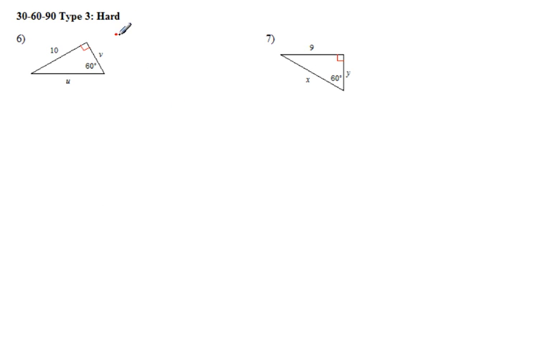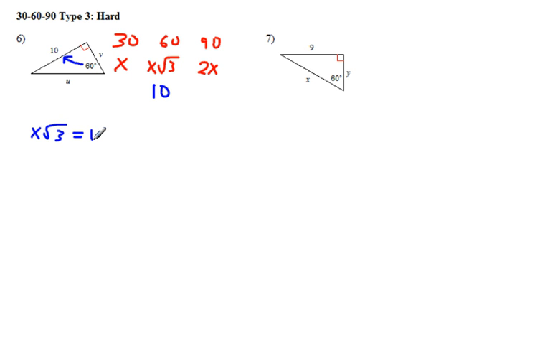The hard problem. 30, 60, 90, x, x root 3, and then 2x. Where does the 10 go? It goes opposite from the 60-degree angle, so that's the 10. I don't have any square root of 3. I can't match anything, so we have to go over here and write ourselves an equation. X root 3 is equal to 10. If I wanted to solve this for x, I'd have to divide by the square root of 3.